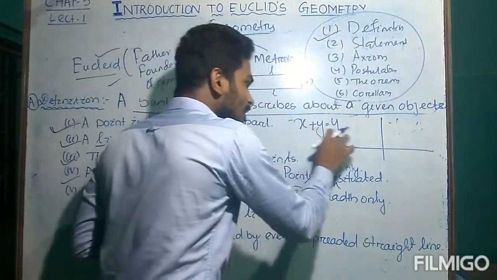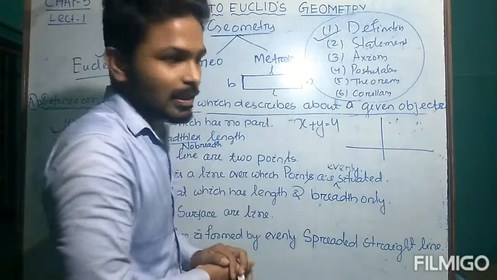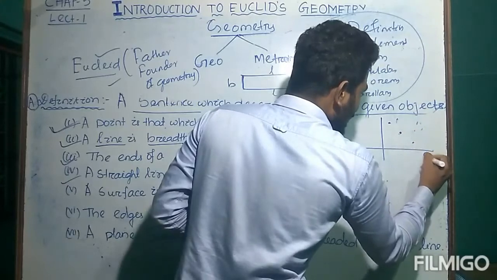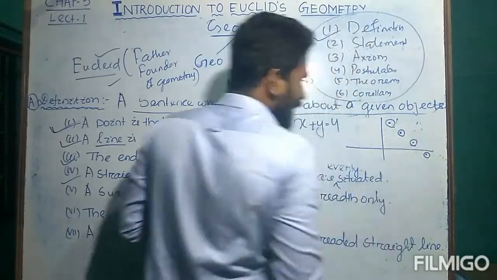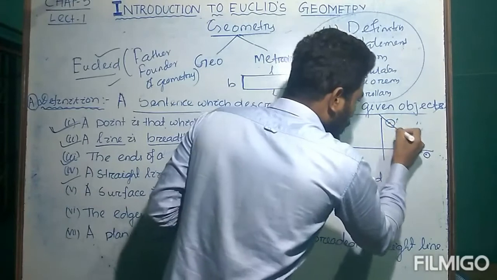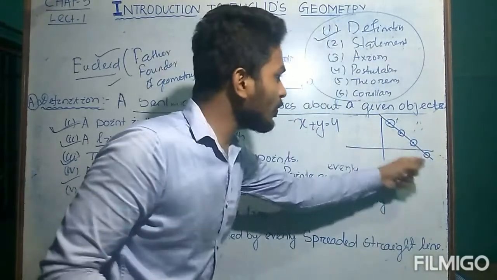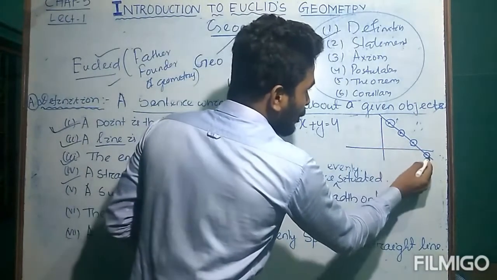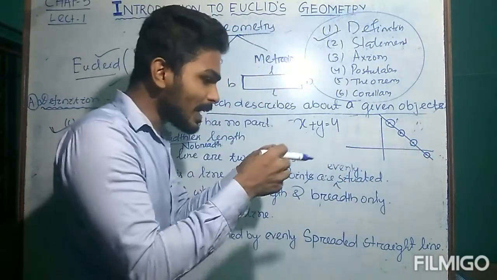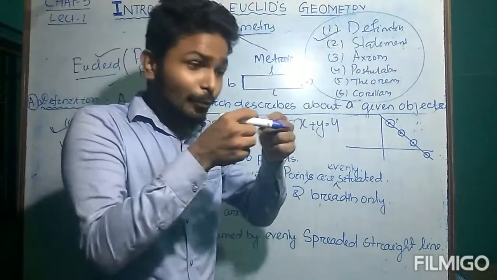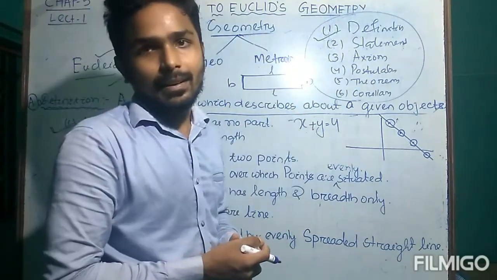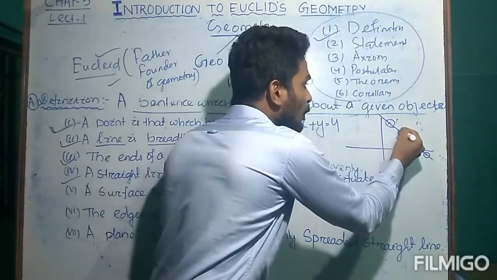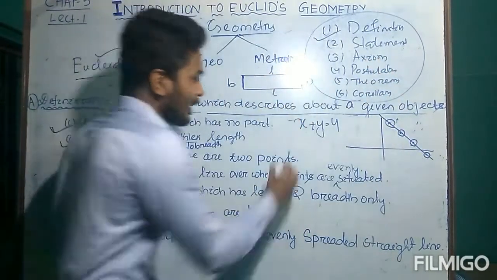For this you first find some solutions of this equation and represent those solutions on a Cartesian coordinate system, right? Then you join all those points. Then what will you find? You will find a straight line. So an infinite number of points are joined together to form a straight line. A straight line has infinite points over it, right?